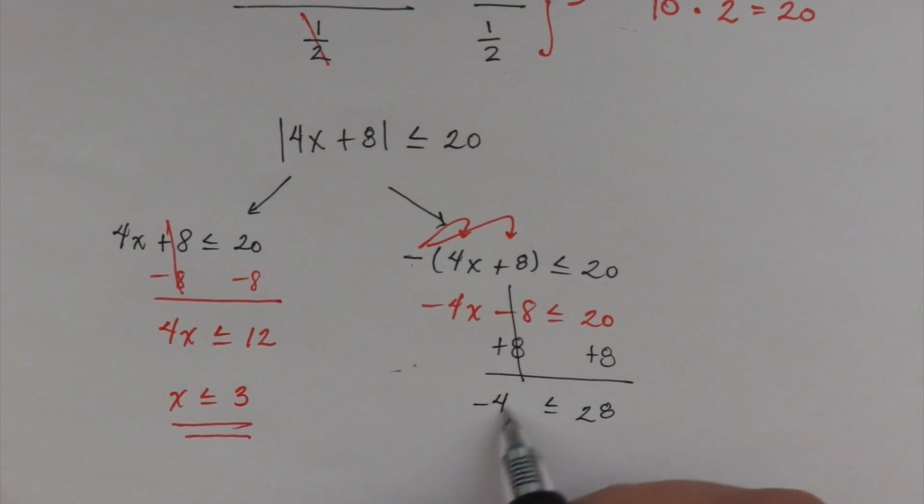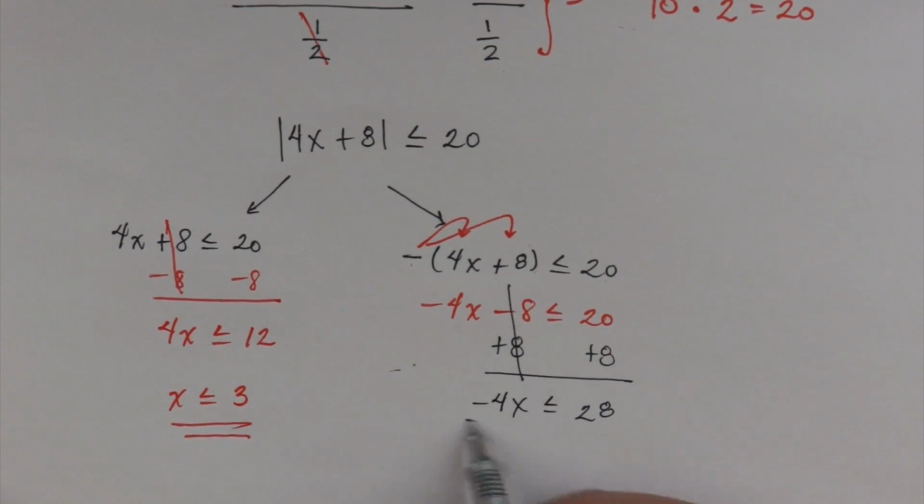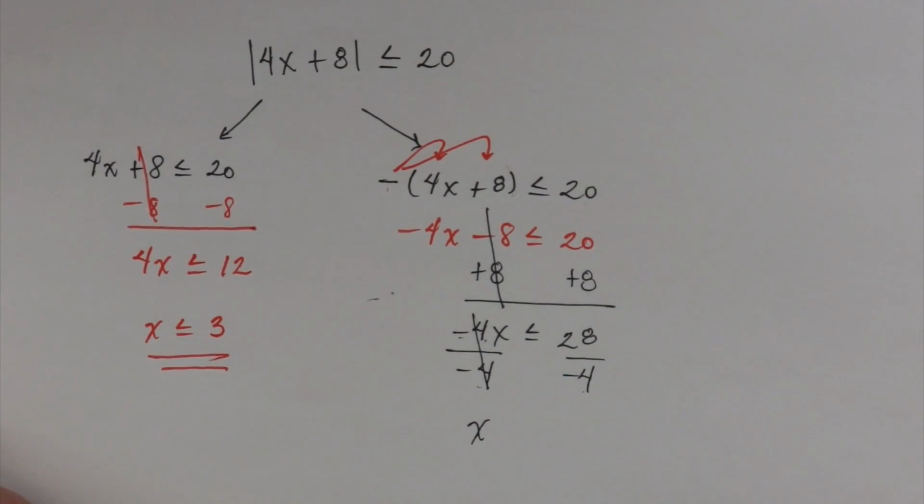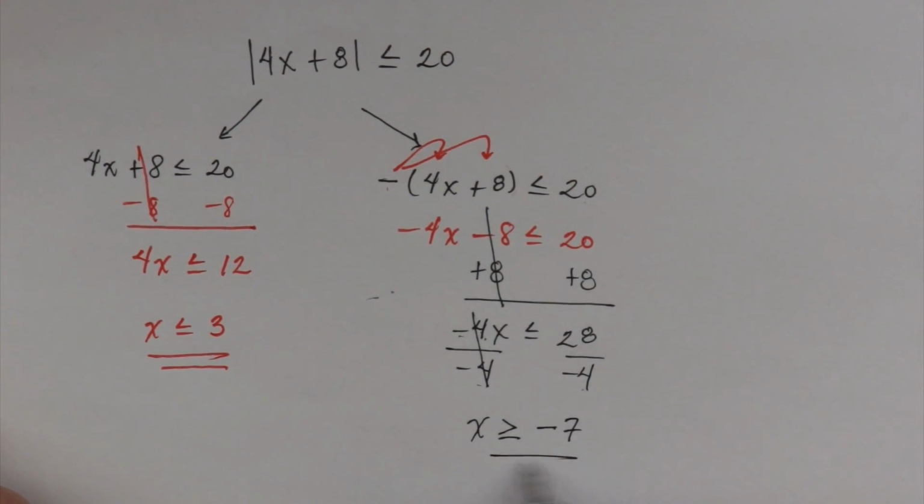Bring down the negative 4x. Now what do we do? Well, divide by negative 4. Remember to use the symbol that's in front of the coefficient. Negative divided by negative is a positive. Remember, we're dividing by that negative, so we have to reverse the inequality. Okay, it's not called flip, reverse that inequality. And there it is. Okay, good.